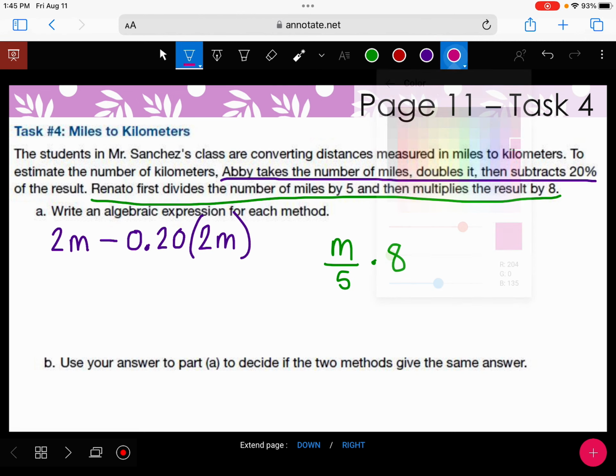Yeah. It's multiplying because I don't have addition, so I don't need to distribute. But I can take 0.2 times 2. So we have 2m minus 0.4m.